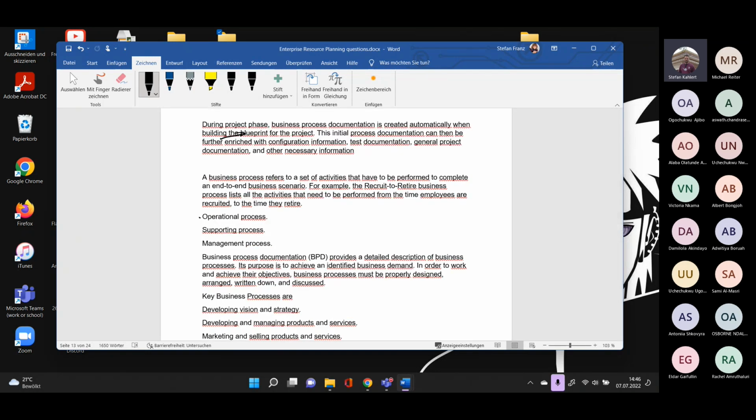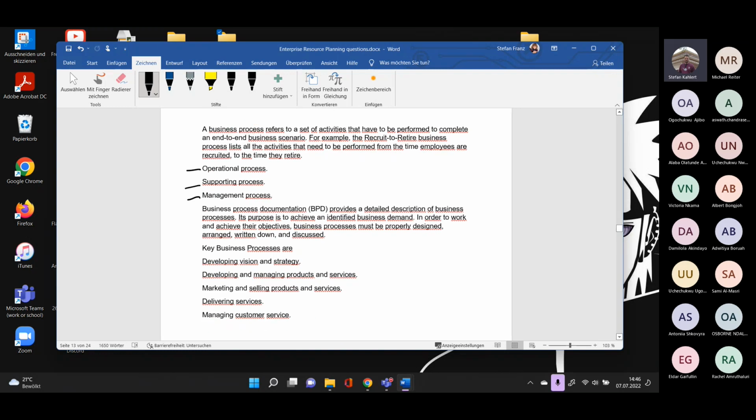So you have operational processes, you have supporting processes. Operational is you buy something. Supporting is, for instance, creating a quote for the sales team. And management process is you overlook all the departments and check if they are in line with the targets. Is there any deviation in your business targets?